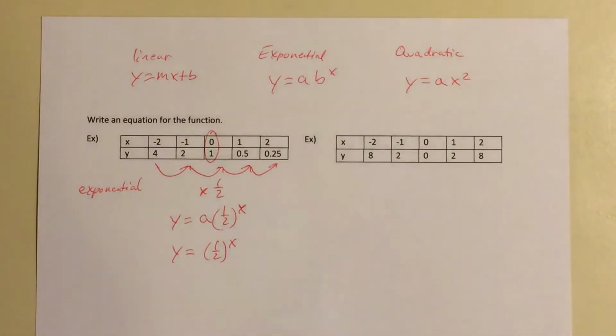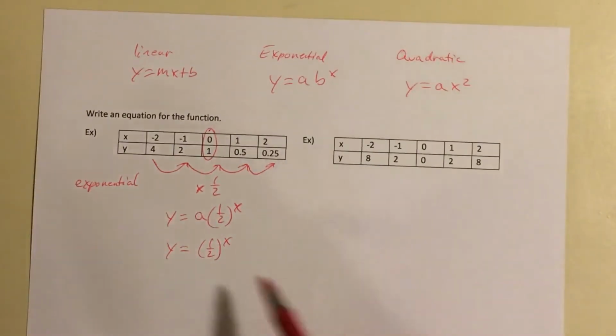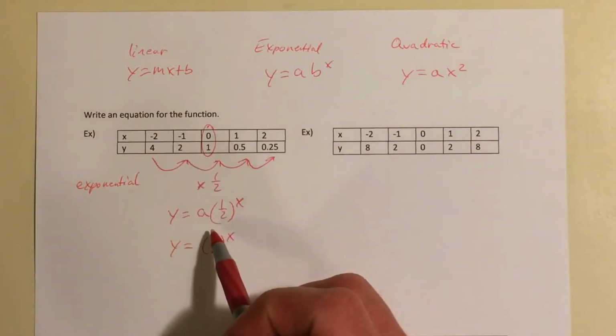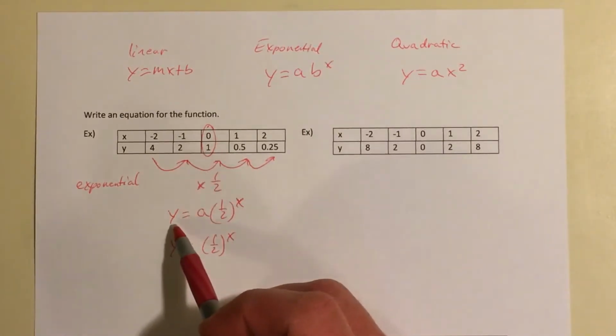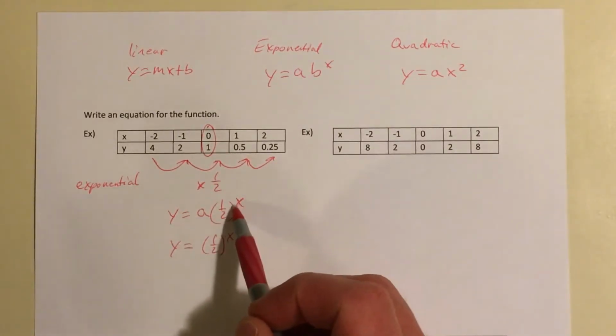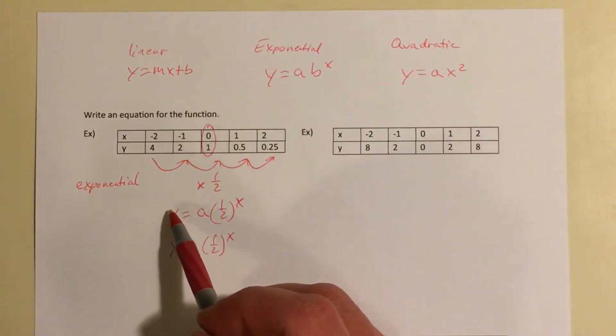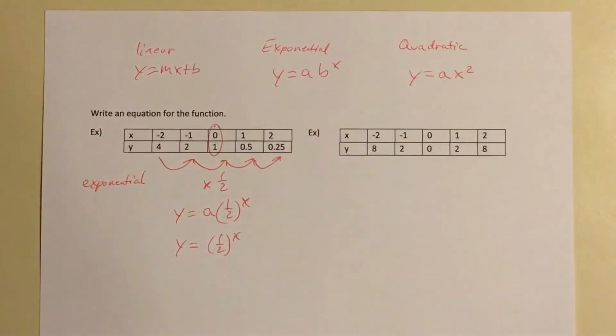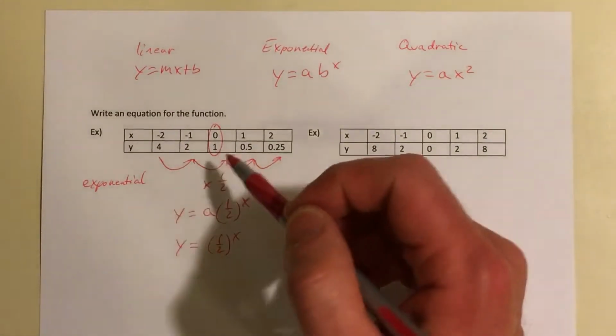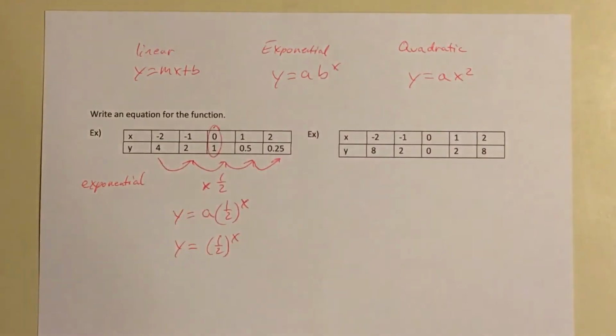You've got your nice calculators now, so you could put in 0 for x, 1/2 to the 0 power is 1, and then 1 in for y. You quickly find that A is equal to 1. So that's another way to do it. If for some reason you're not given the y-intercept, you could just insert an extra coordinate and help you solve for what you're missing.